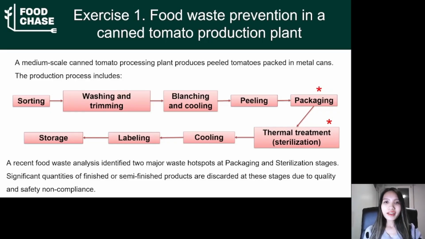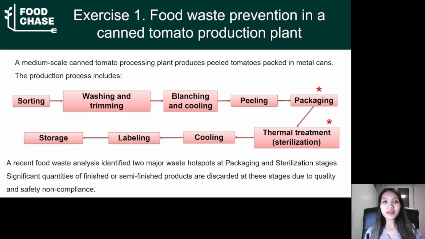The exercise of today is about food waste prevention in a canned tomato production plant. So the scenario is a medium-scale canned tomato processing plant producing peeled tomatoes packed in metal cans.